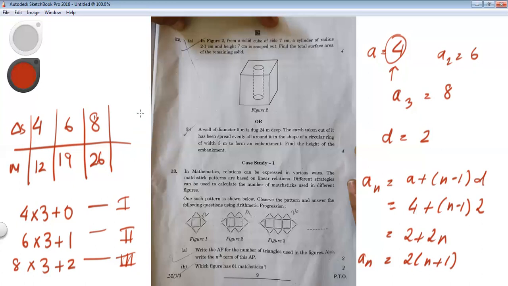So how do we find it? We need to trace it a little back. How do we find the 61 matchstick thing? You know that for the number of triangles, the nth term is 2 into n plus 1, right? We are using the AP term. A1 has 4 triangles, A2 has 6 triangles, A3 has 8 triangles, so we're going to use that.